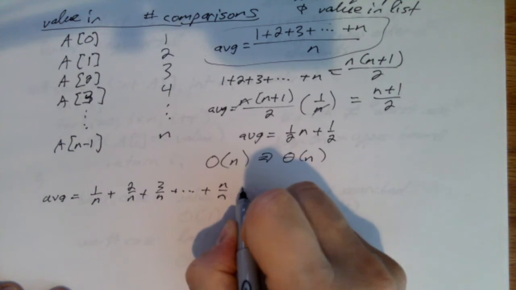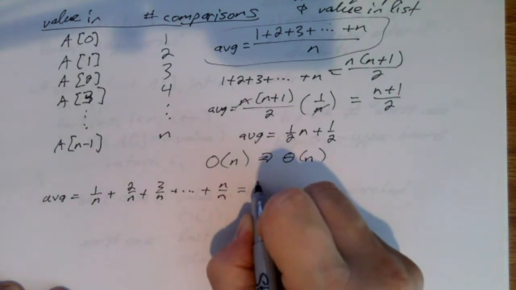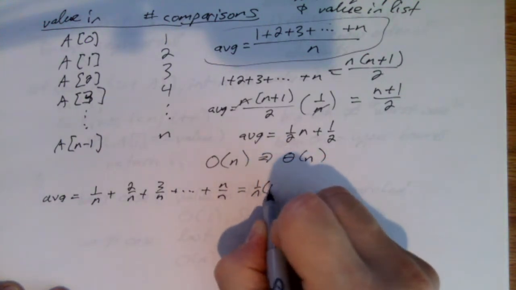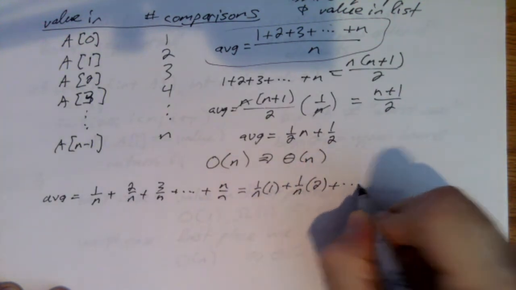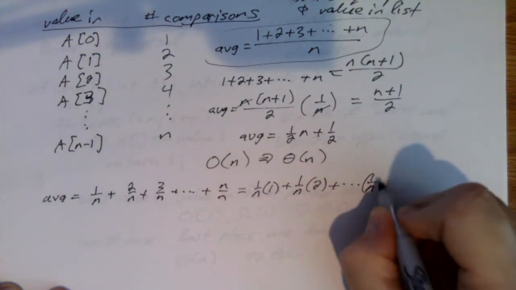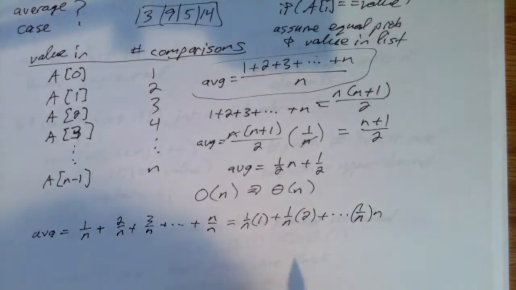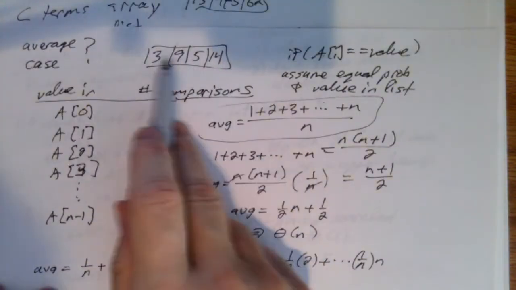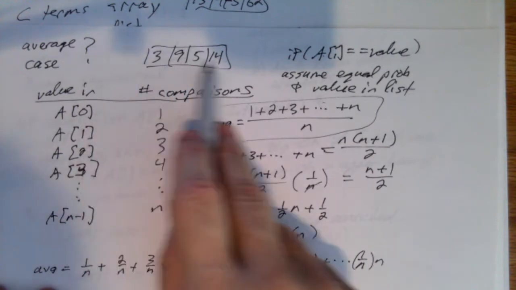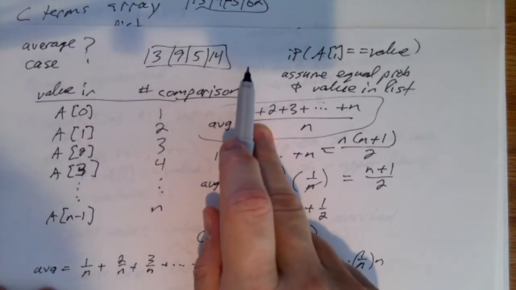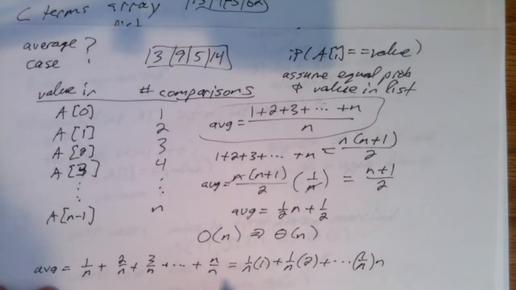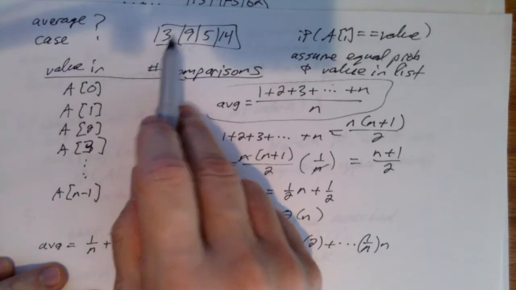And we can think of that as 1 over n times 1 plus 1 over n times 2 plus dot dot dot 1 over n times n. If n was 10, if there's 10 positions and they have equal probability, then there's a 1/10 chance, 1 over n, 1 over 10, that it's here, or that's here, or here.